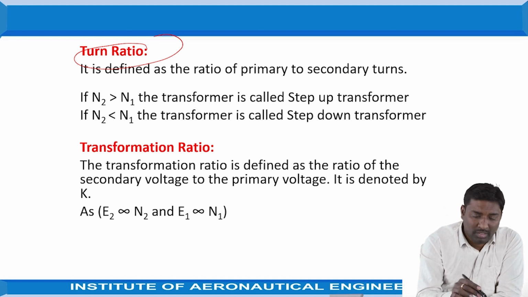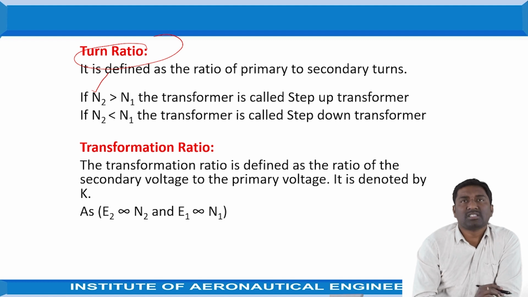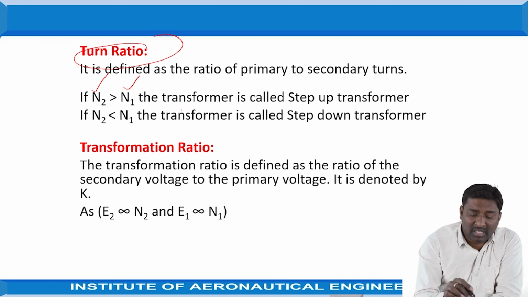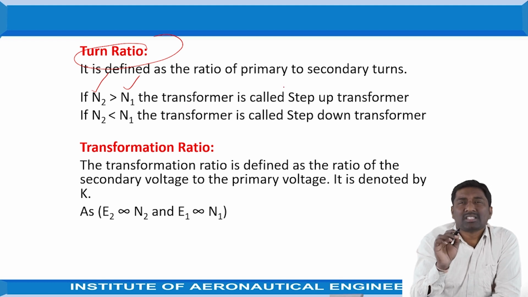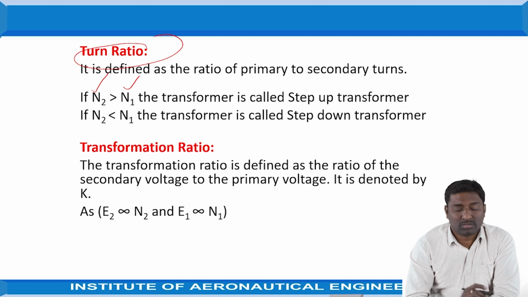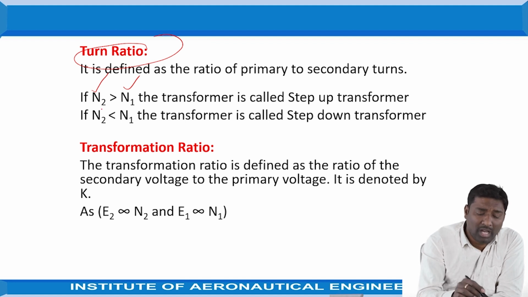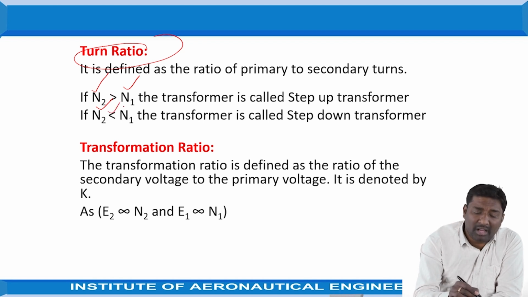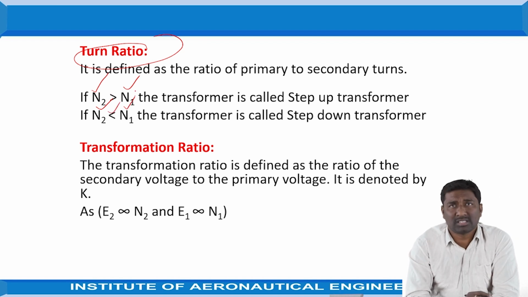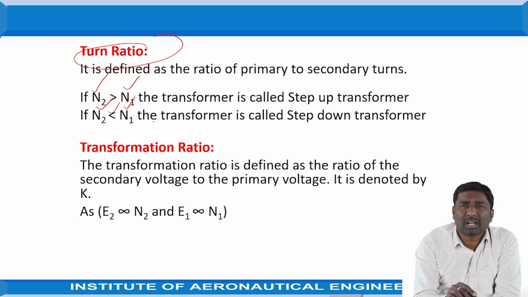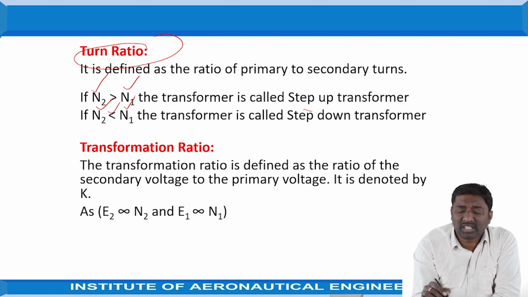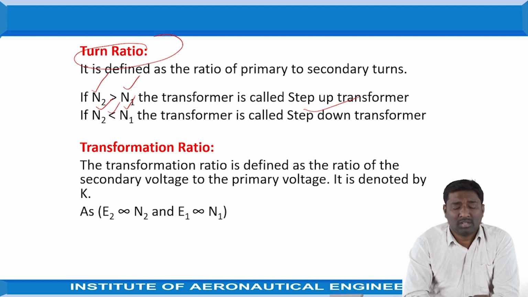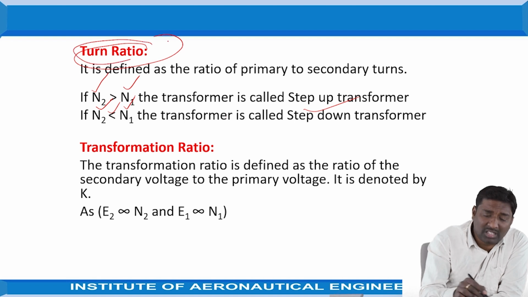If the secondary winding turns are greater than N1, the primary winding turns, the transformer is called a step up transformer. If the secondary winding turns are less than the primary winding turns, then the transformer is called a step down transformer. Similarly, this is for the turns ratio.